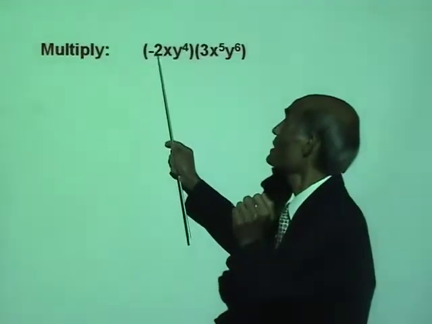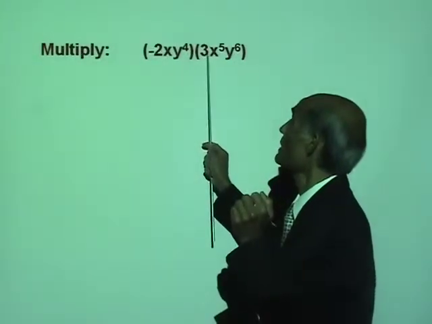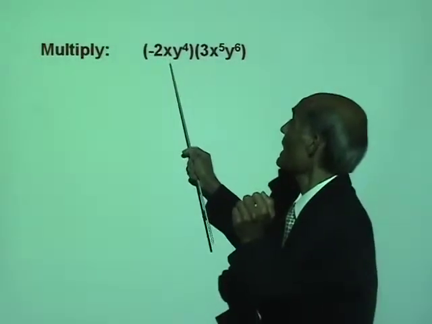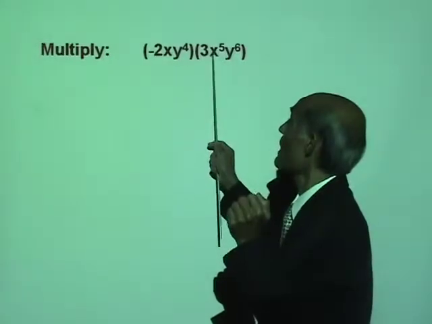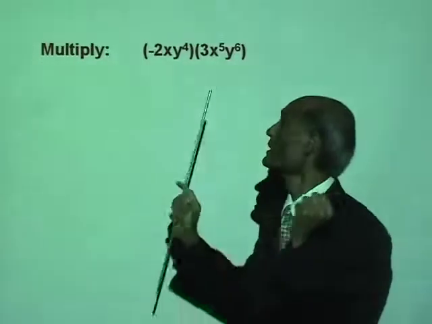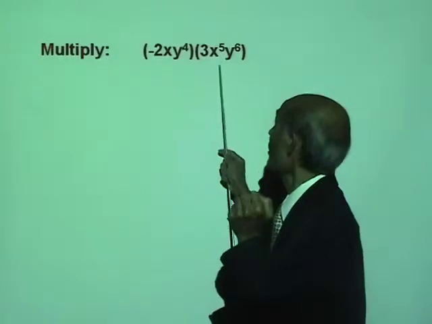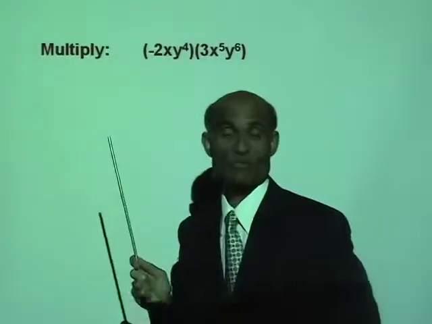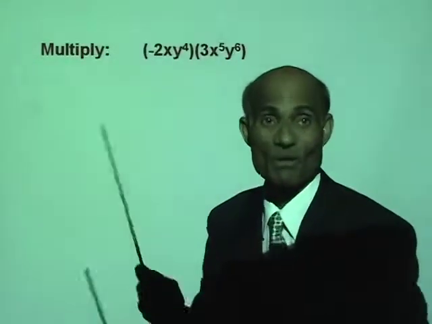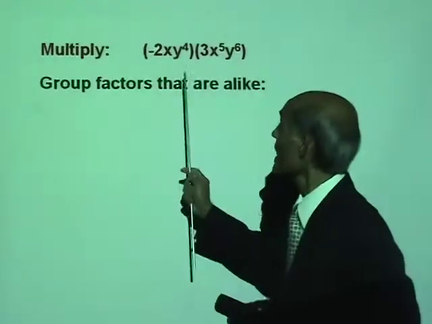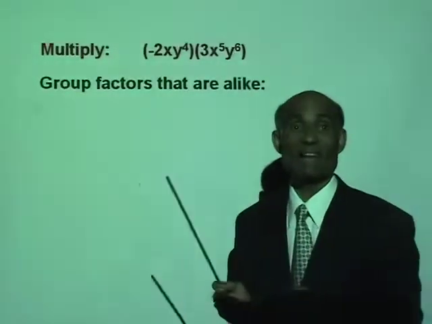You can multiply negative 2 by 3. Then you can multiply x and x to the power of 5, the same base. And then you can multiply y to the 4 with y to the 6. So group the factors that are alike.